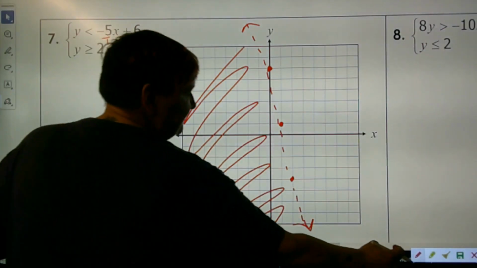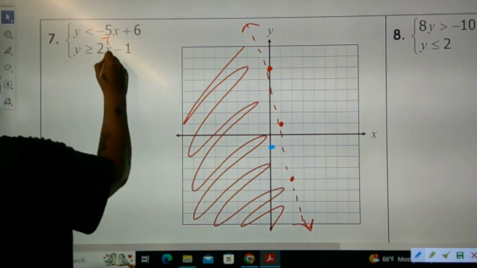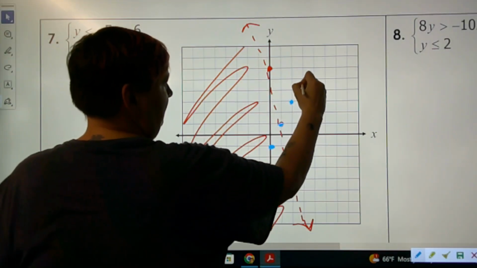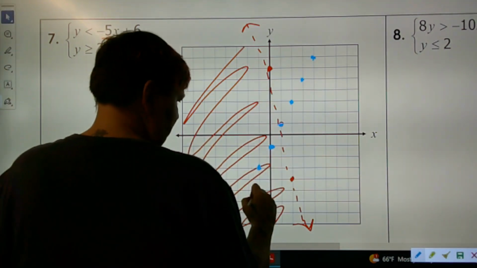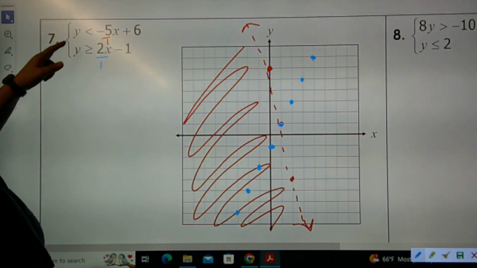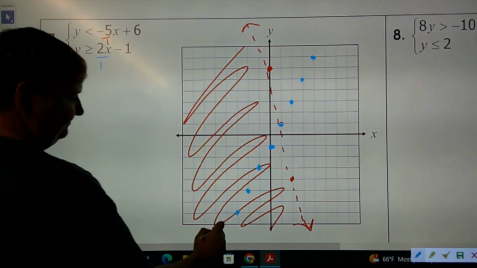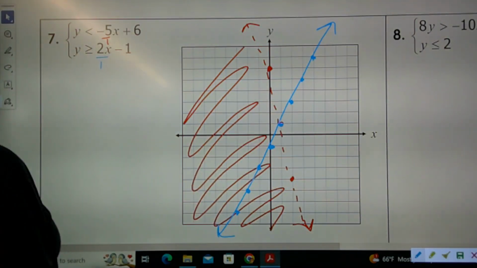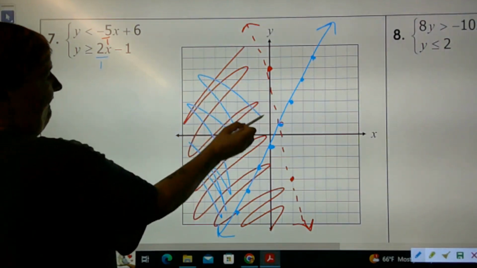Then we're going to do the second inequality. Negative 1, up to right 1. Down to left 1. Right? And this one is a solid line. And it says greater than, so we're going to go above the line.